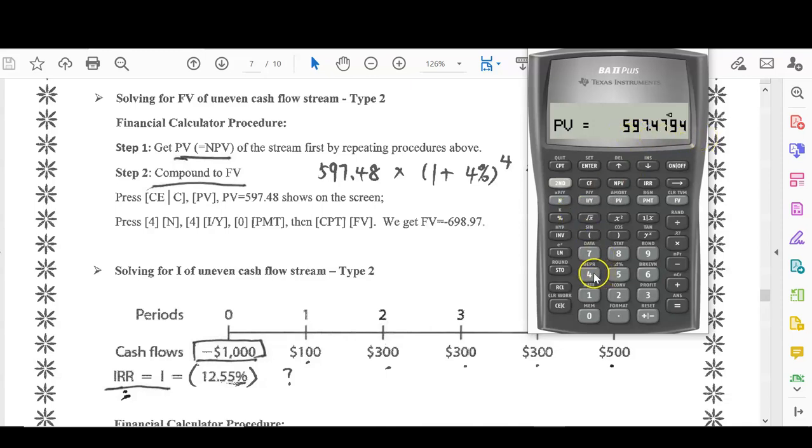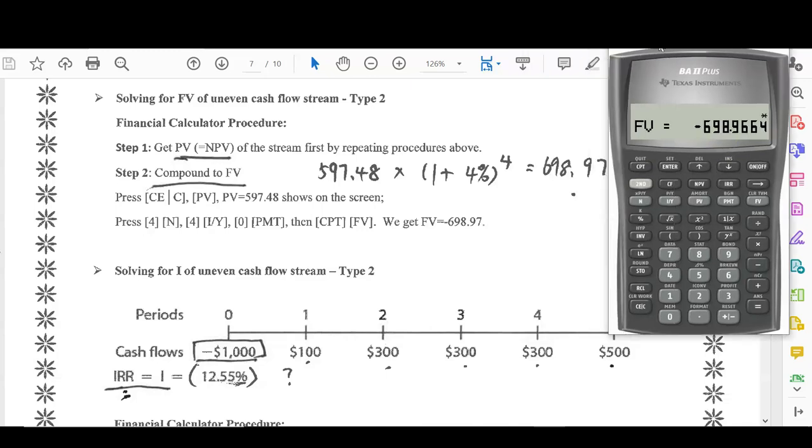And you can press 4 as N, 4 as I, 0 as payment, and compute for future value. So you know this amount is worth 698 after 4 years. This is equivalent to using our formula, this 597 multiplied by (1 plus 4%) to the power of 4. So we have the future value here.